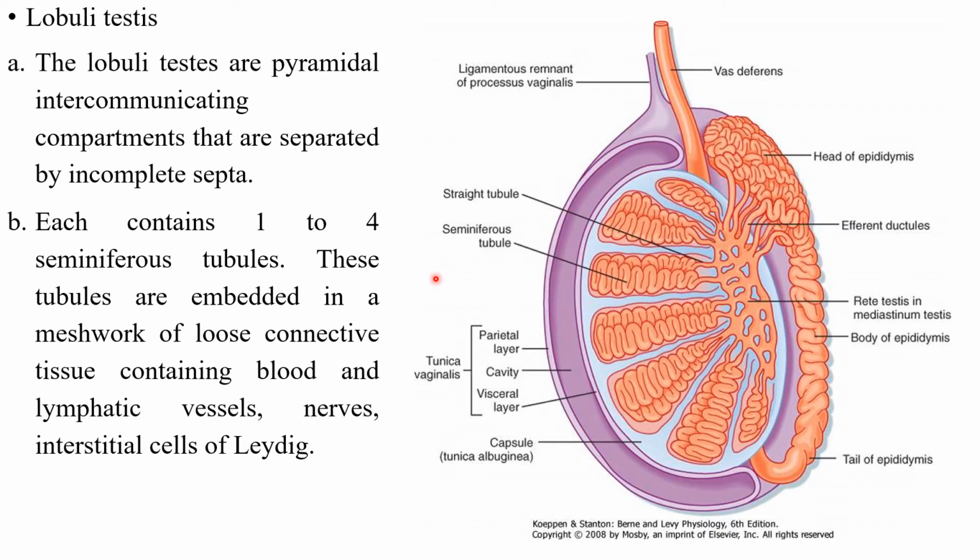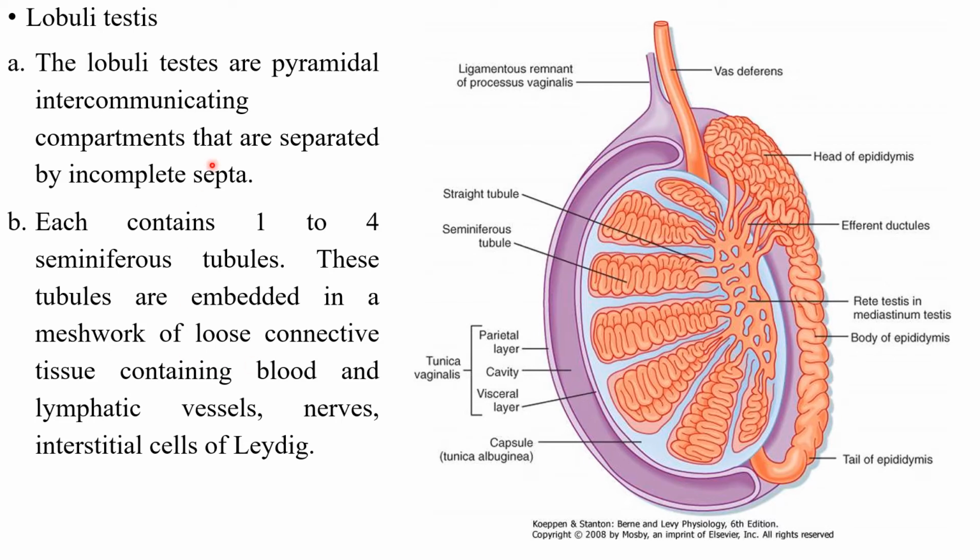And these compartments are called lobuli testis, or lobules of the testis. You can see here the mediastinum of the testis is producing septa, which form the lobuli of the testis.